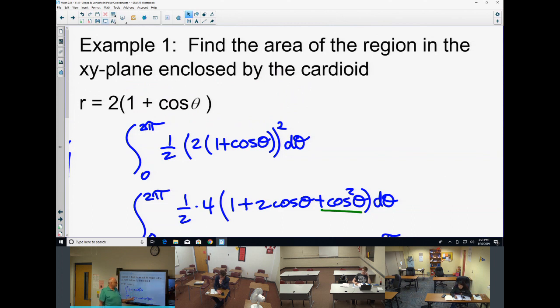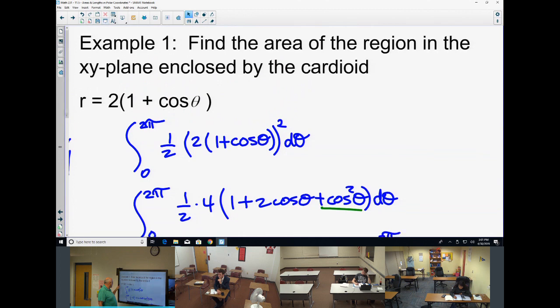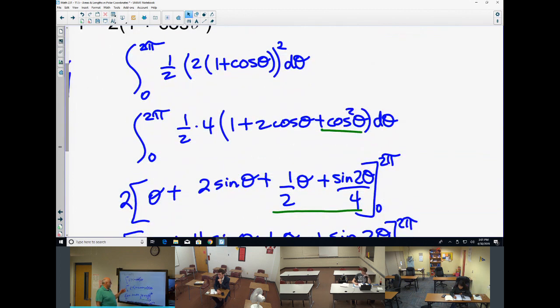So here you square out the 1 plus cosine theta, so that would be 1 plus 2 cosine theta plus cosine squared theta, then you square out the 2 and get 4. And the 4 can cancel with the 1/2. And so then you get 2, and then I pull that out front. Okay? Now, the integral of 1 d theta is just theta. The integral of 2 cosine theta is 2 sine theta.